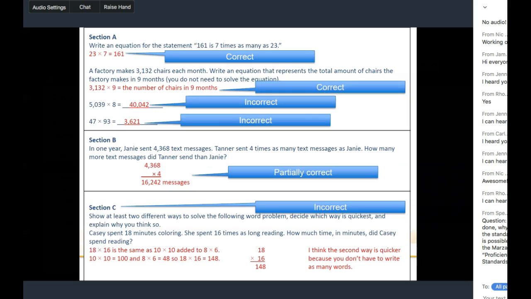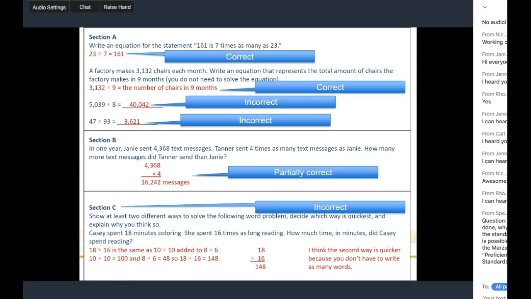Looking at this pattern of responses, I can translate this into a score on the proficiency scale. If you recall, Section A was the 2.0 content. This student clearly has a good grasp of interpreting multiplication situations and representing multiplication situations with equations. But what they don't know how to do is the actual multiplication. And if you look at Section B and Section C, it bears that out.